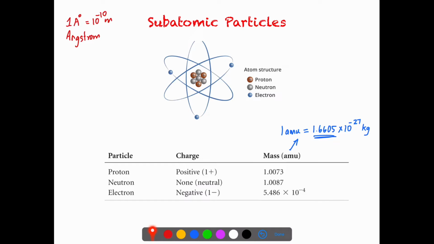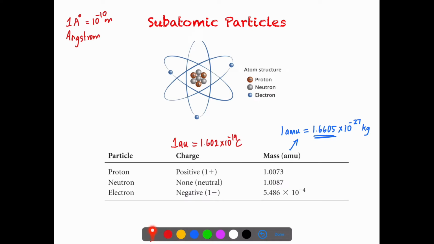Now coming to charge, charge is also small, so we use atomic units to represent the charge. So one atomic unit of charge is 1.602 times 10 to the negative 19 coulombs.